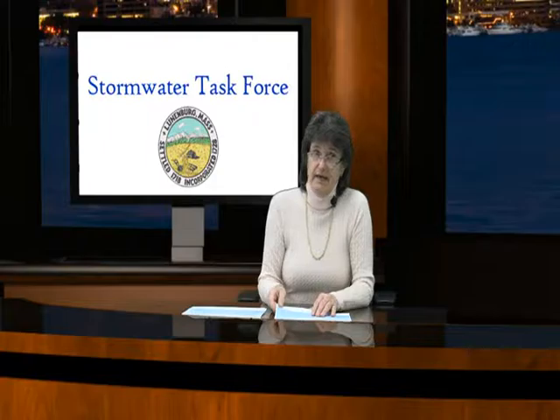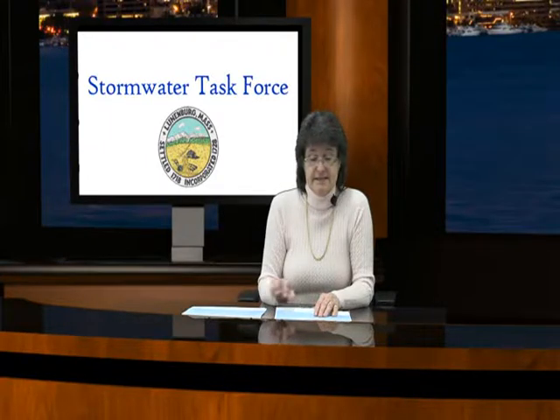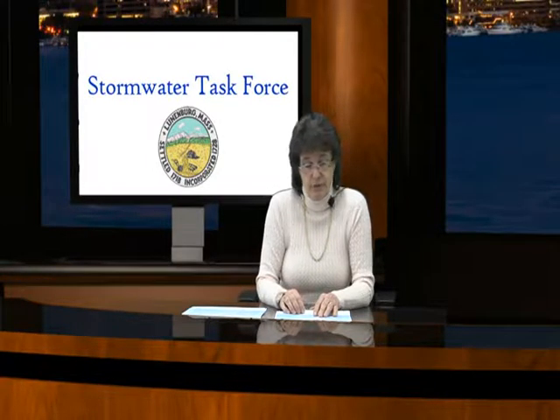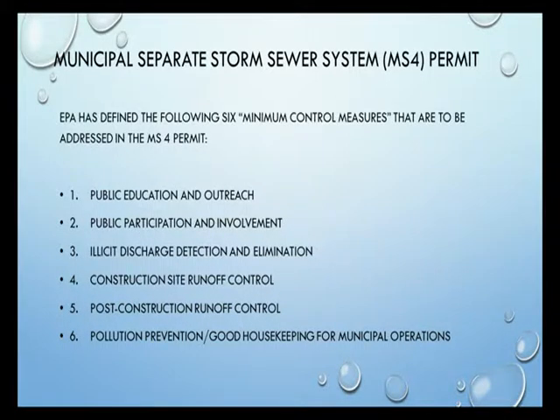The EPA has defined the following 6 minimum control measures that are to be addressed by towns and cities in the MS4 permit. Public education and outreach. Public participation and involvement. Illicit discharge detection and elimination.